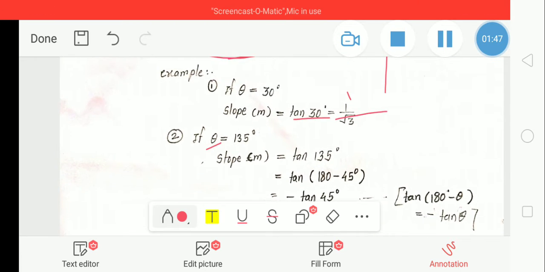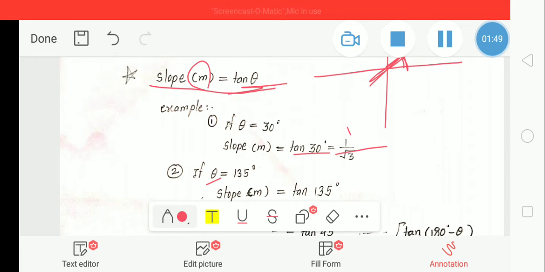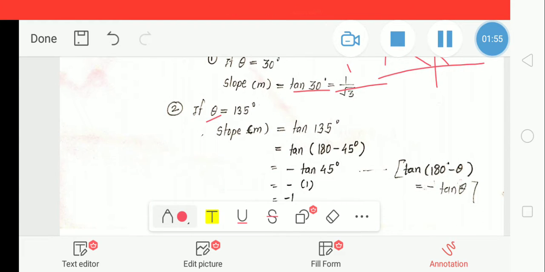Now here theta is 135, means this angle is 135. So slope m is equal to tan of 135. So this 135 we can write as 180 minus 45. So tan of 180 minus 45, we know that tan of 180 minus theta is equal to minus tan of theta.